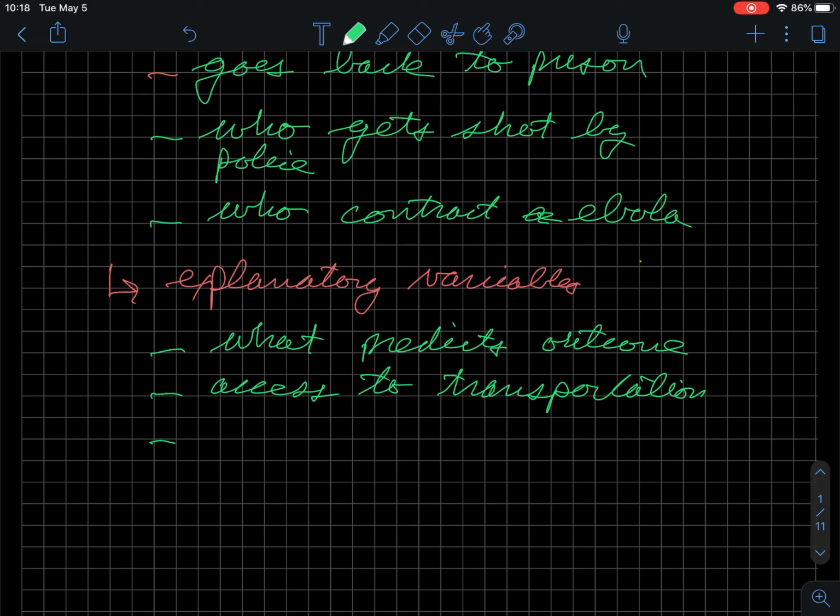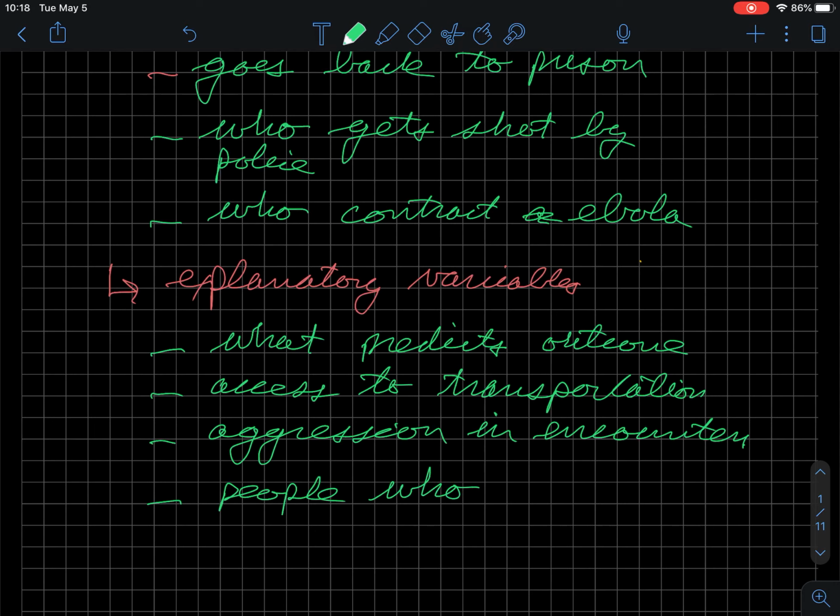Shot by police, that could be aggression in encounters. Who contracts Ebola? That could be people who travel to Africa, let's say West Africa, because I think that's where Ebola goes.